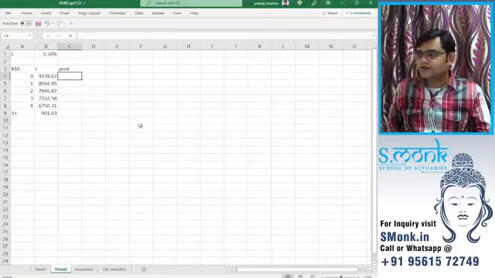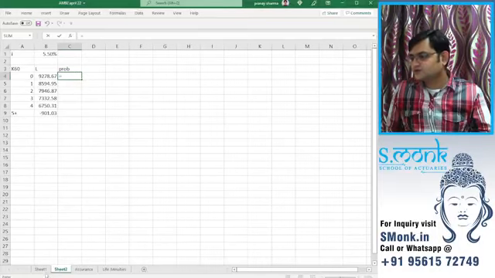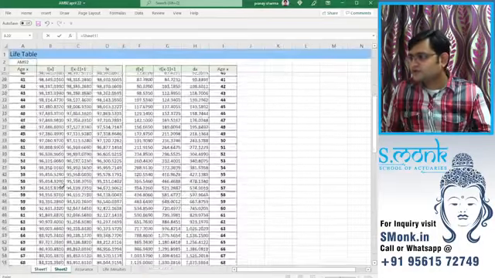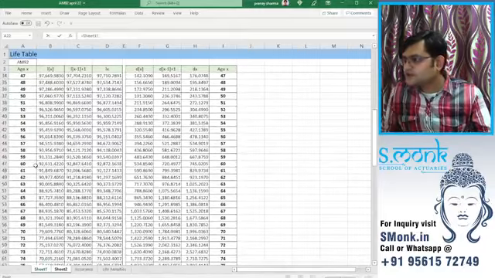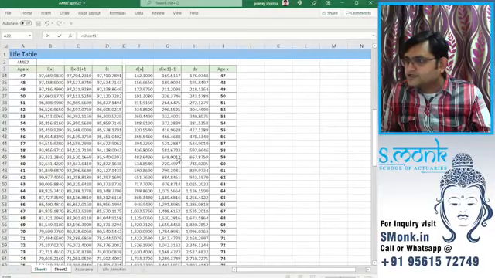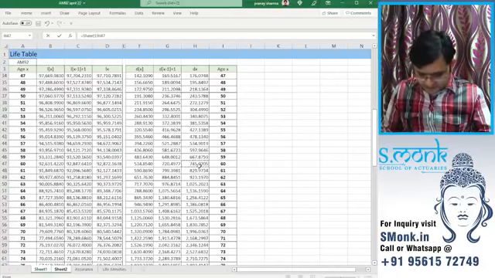What is the probability? Probability that a person would die after surviving 0 number of years. We'll say equal to, we'll go to our sheet 1 from age 60, age 60 ultimate value. It will be dx divided by lx, so d60 divided by l60.